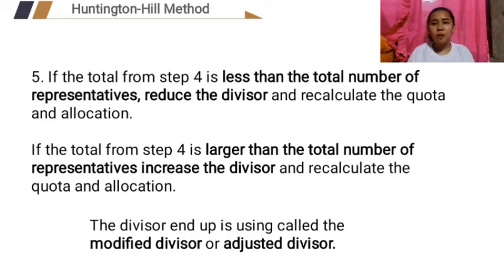If the total from step 4 is larger than the total number of representatives, increase the divisor and recalculate the quota and allocation. Continue doing this until the total in step 4 is equal to the total number of representatives. The divisor we end up using is called the modified divisor or adjusted divisor.